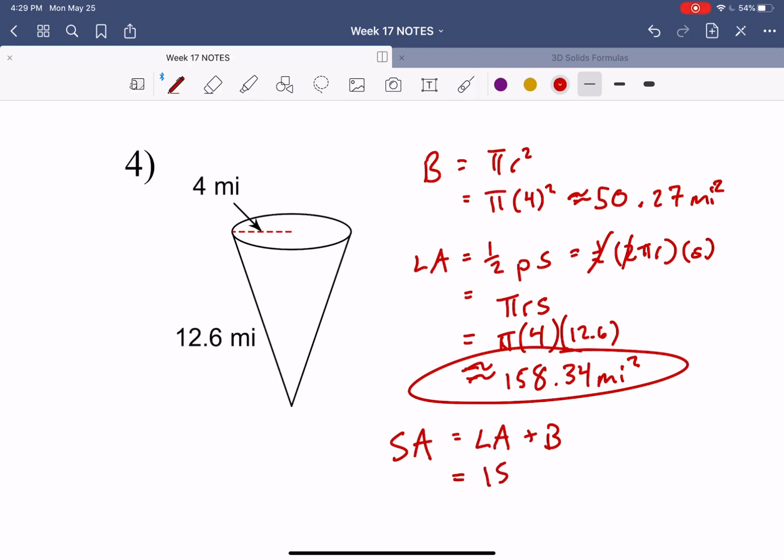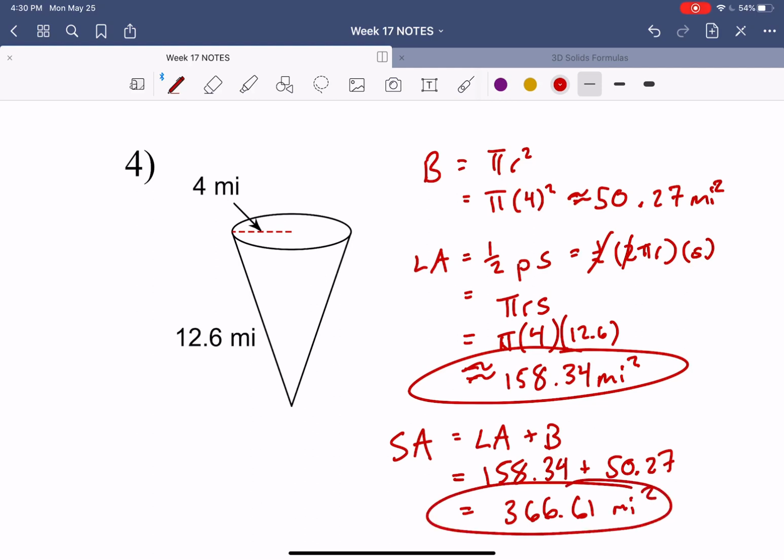So we're doing 158.34 plus 50.27, which is 366.61 miles squared. All right, so that's how we find the lateral area and surface area of a cone.